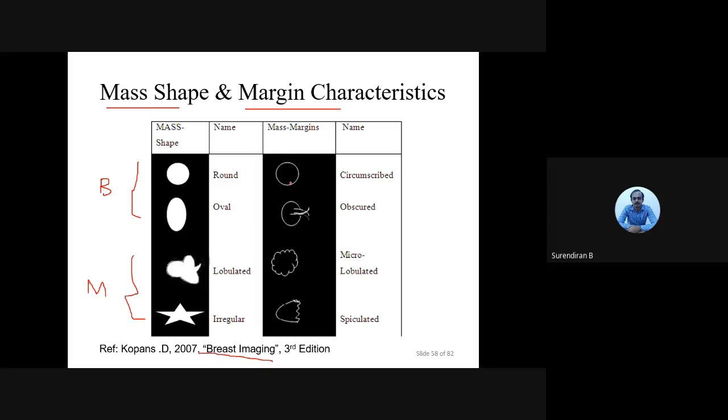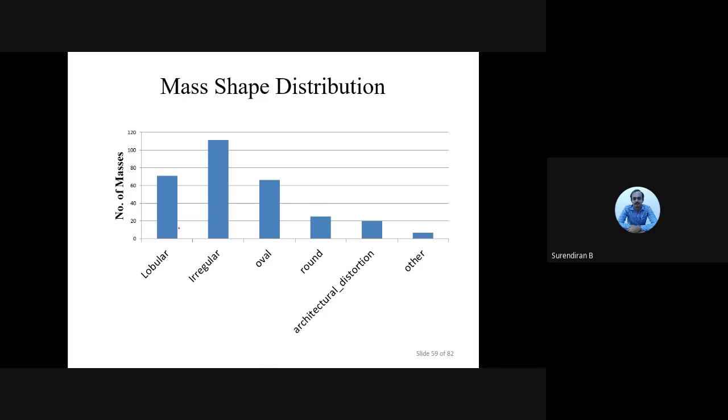So we thought about how we can use these shape characteristics to classify the masses or mammograms. Most of the literature work does not consider the lobular types, and sometimes does not consider the oval types or the irregular types.